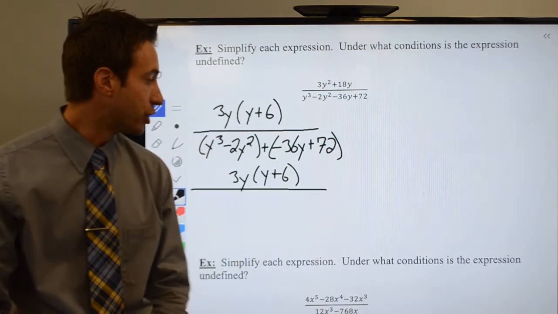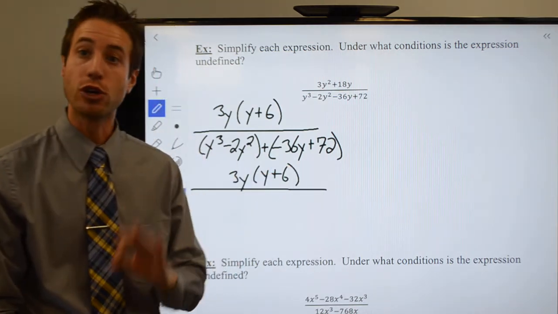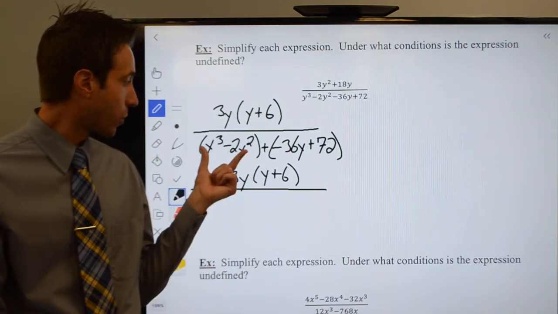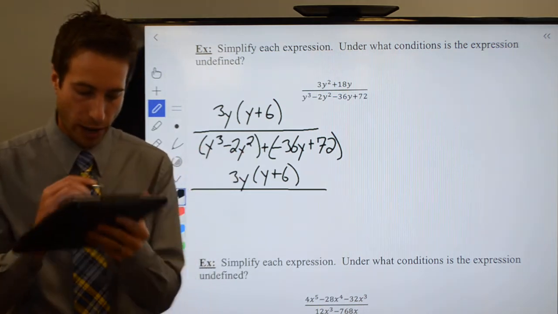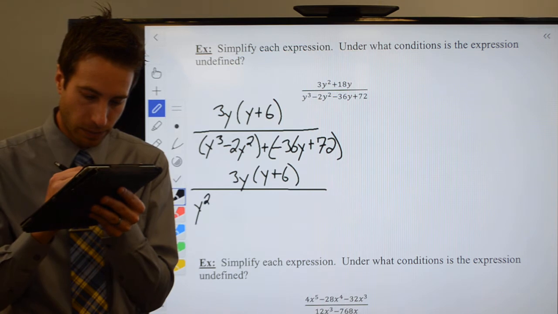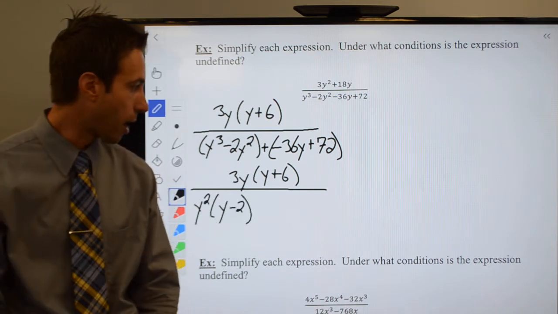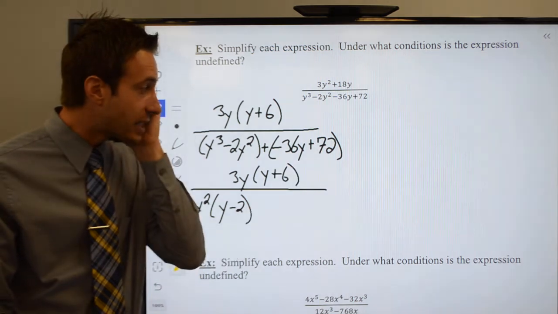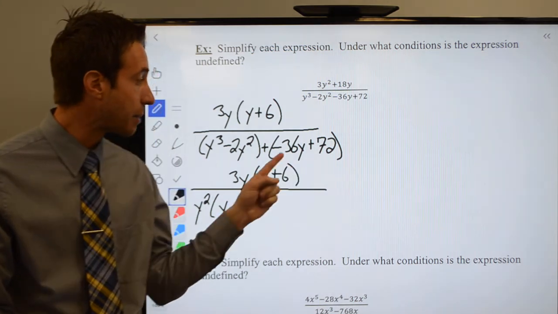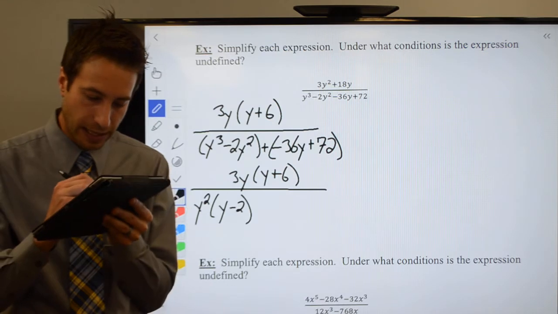And now I'm looking for a GCF in my new groupings, my new pairs. Well, this one I can pull out a y squared. Leaves you with a y minus 2. Okay, no problem. The negative 36y and the 72, well, I can pull out a negative 36.